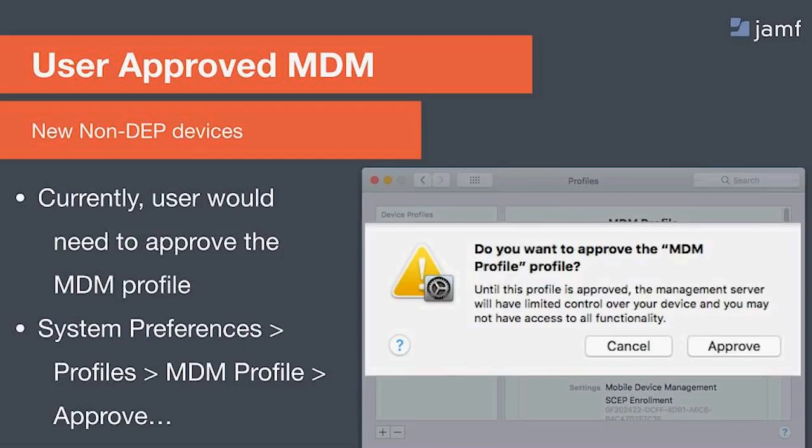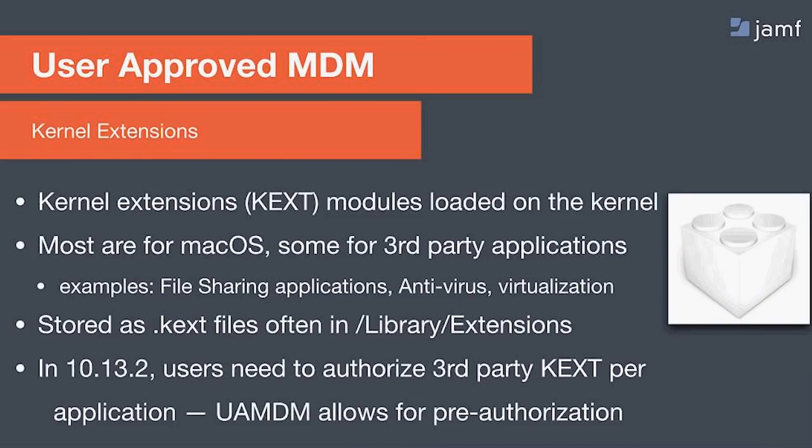So you might be wondering, will this really affect anything that you're currently doing? Kernel extensions, if you're not aware, are just modules that are loaded onto the kernel of the OS. Most are for macOS, but some are for third-party applications. The most prevalent examples that we can think of here are file sharing, cloud file sharing applications, antivirus, and virtualization software.